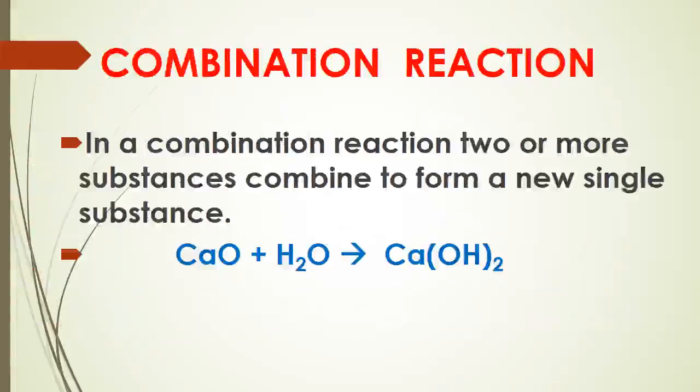In a combination reaction, 2 or more substances combine to form a new single substance. General formula is A plus B will give AB. One example is given. When calcium oxide reacts with water, there will be formation of calcium hydroxide.